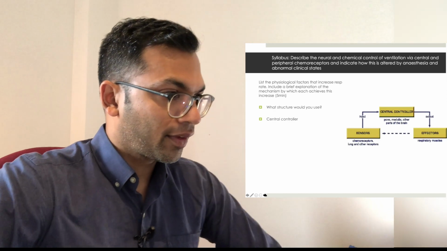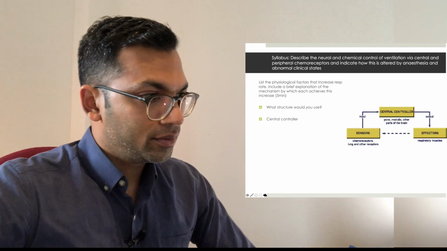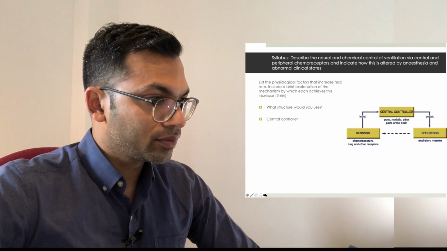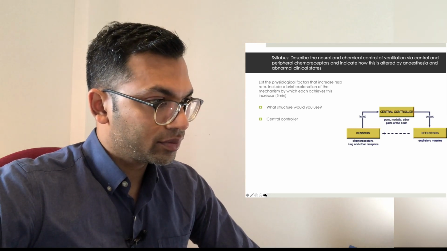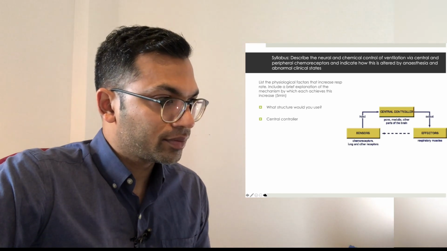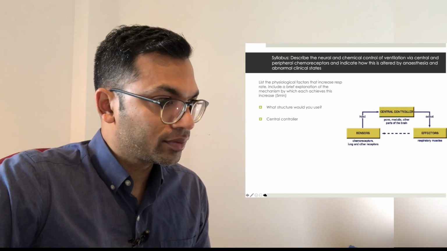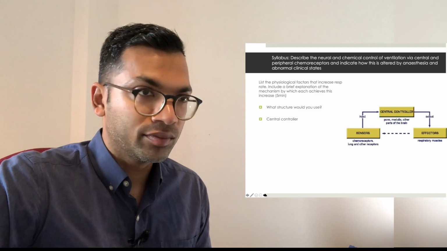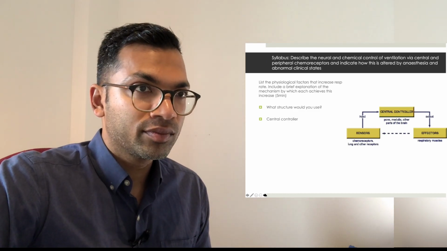And the H+ acts directly on the central chemoreceptors, which are located in the medulla, where you've got the dorsal and ventral respiratory centers, and that results in an increased respiratory rate. I suppose the effectors in that case are the respiratory muscles, which we would have mentioned in our introduction.